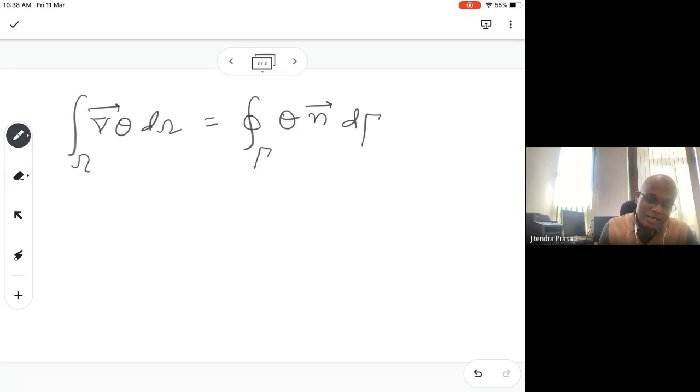So this is an area integral, and this is the line integral. This is the difference. You are integrating over the loop basically like this.